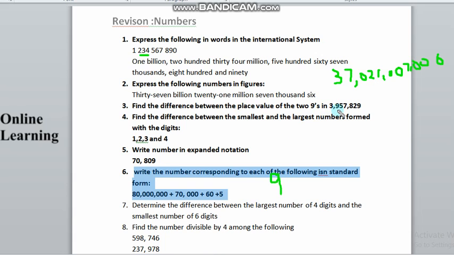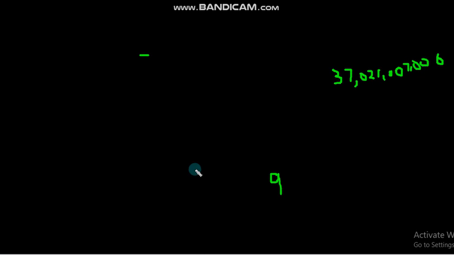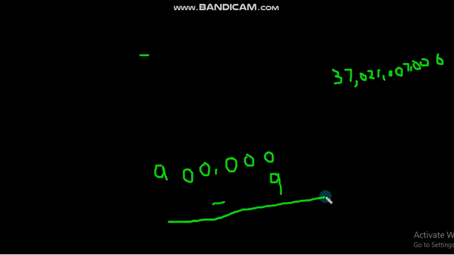Then the second 9 is at 1100, that means we have 1100. And we have to subtract, because difference means subtraction.